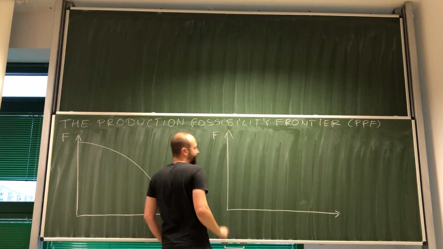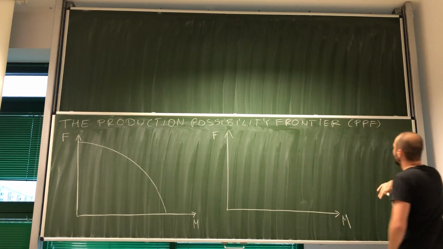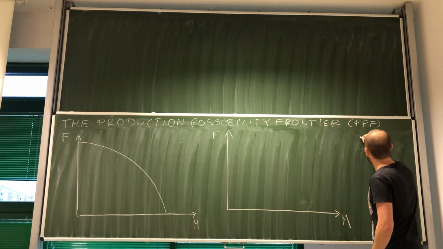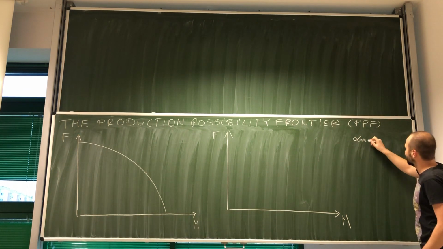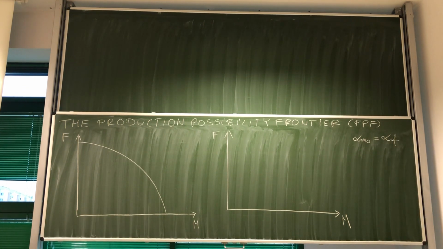Okay, so let's start again. And here we will have food, here we will have manufacturers. So, look, what do we have over here? Let's just say that the capital intensity parameter in manufacturers is equal to the capital intensity parameter in the food industry.